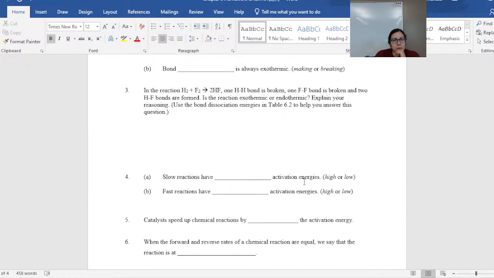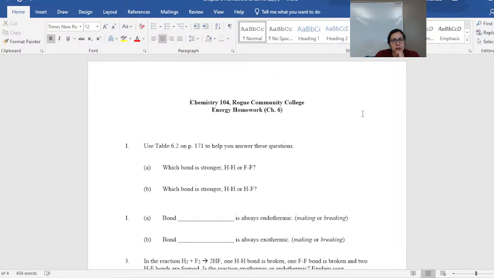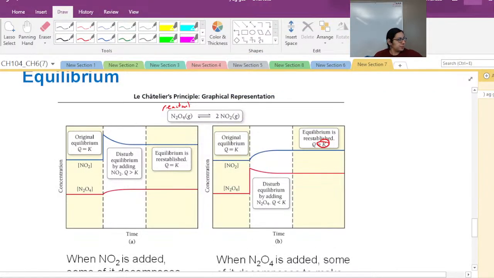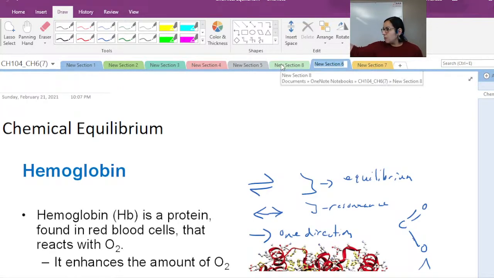So I feel like the homework should be pretty straightforward this week, even though we kind of rushed through. Any other questions? We'll probably end here, but ask me questions, look over the homework.